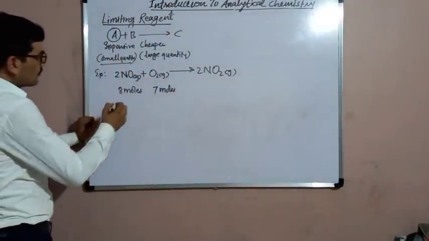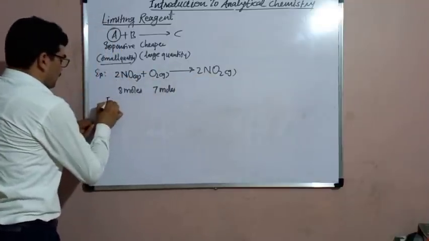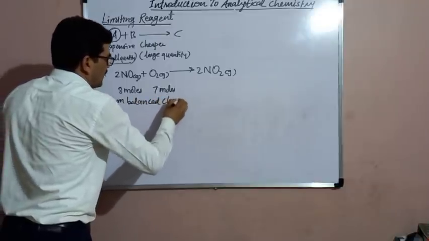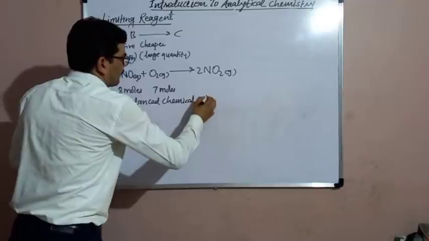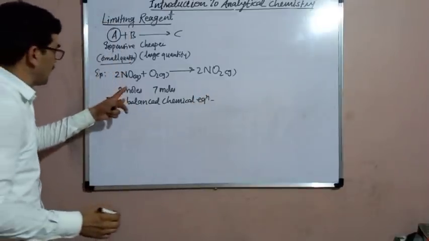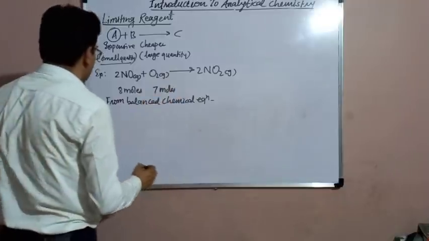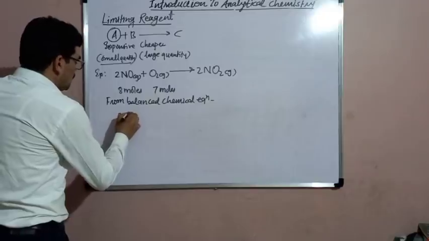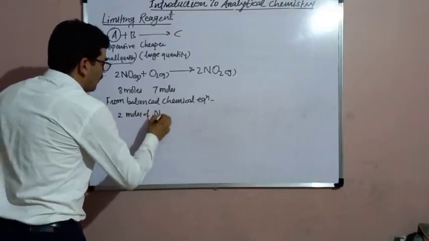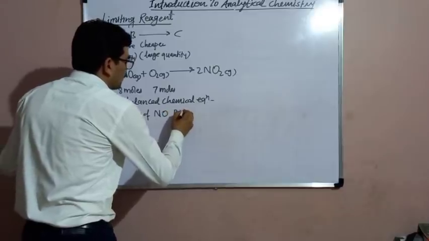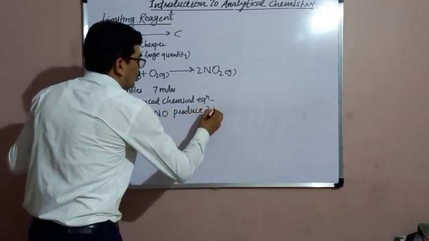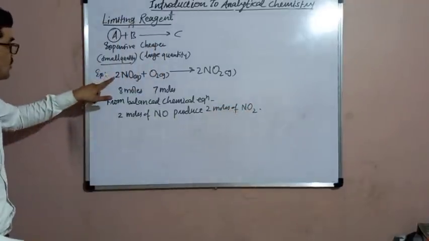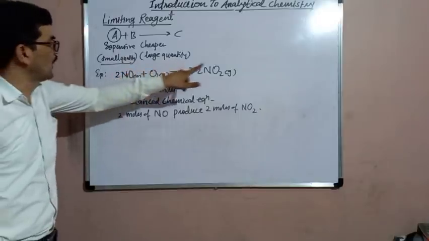So see here, from the balanced chemical equation, we can see that 2 moles of NO produce 2 moles of NO2, because the stoichiometric coefficient of NO is 2 and NO2 is also 2.